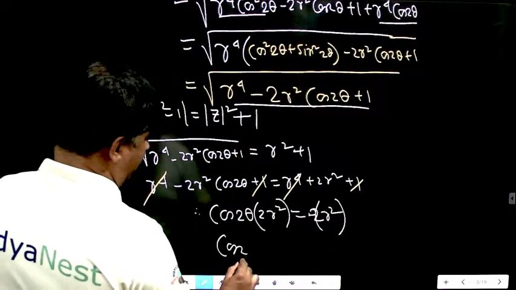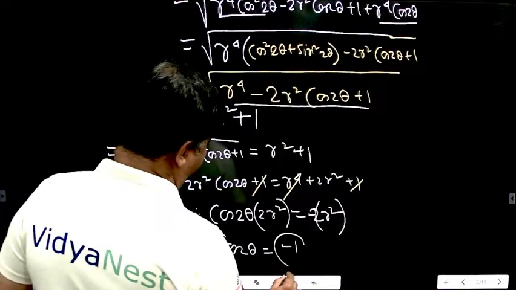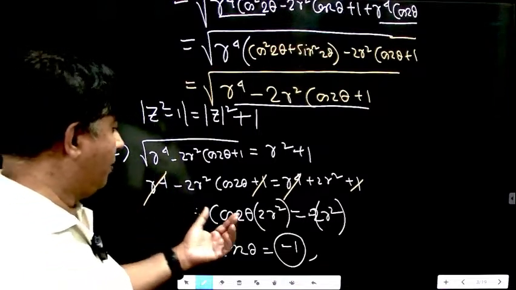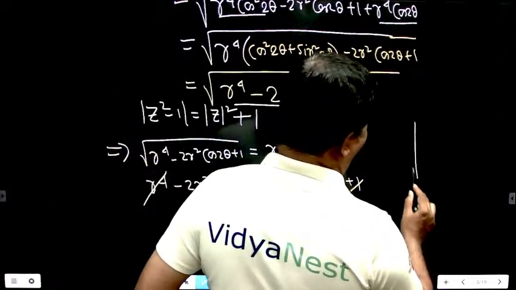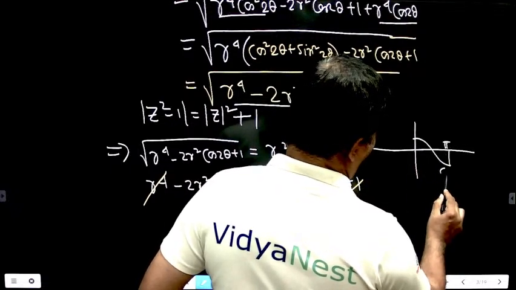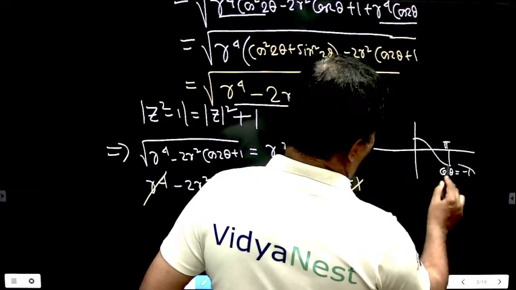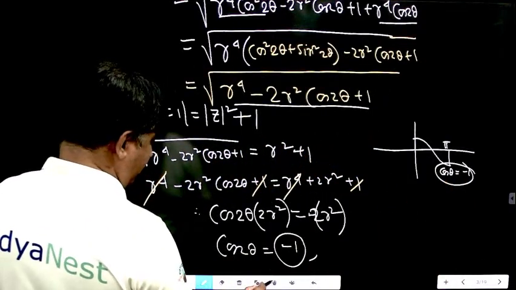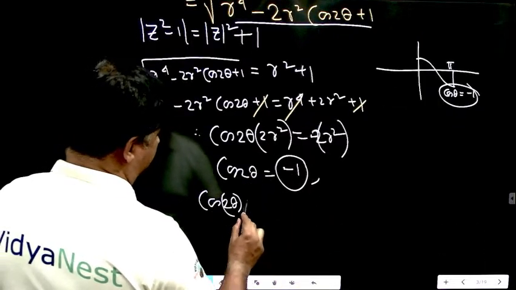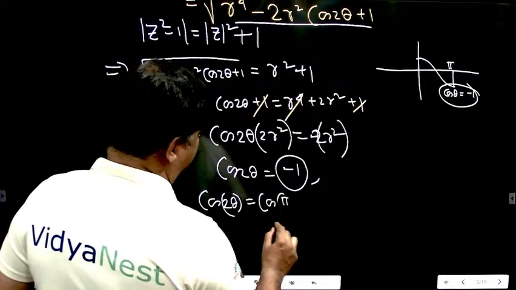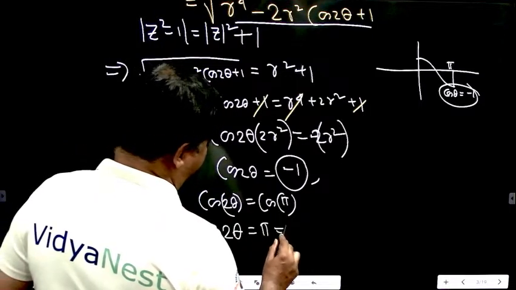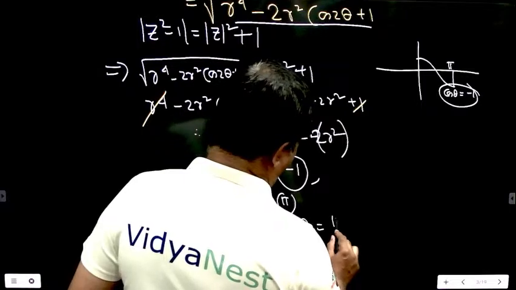So, cos 2 theta is minus 1. Cos 2 theta minus 1, by simplification we have got. तो -1 cos का क्या वैल्यू है? ग्राफ क्या बोलता है? ऐसे cos पाई, पाई में cos थीटा -1 होता है. So instead of minus 1, I will write cos pi then. Once you get cos pi, so 2 theta pi, that implies theta pi by 2.